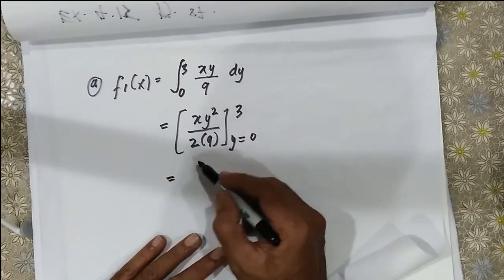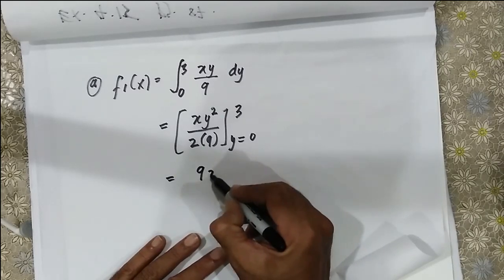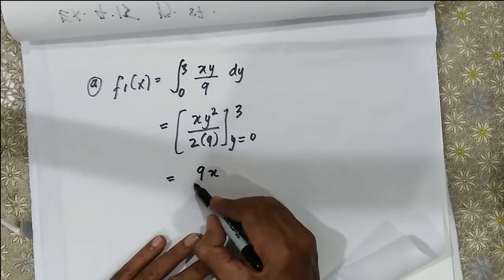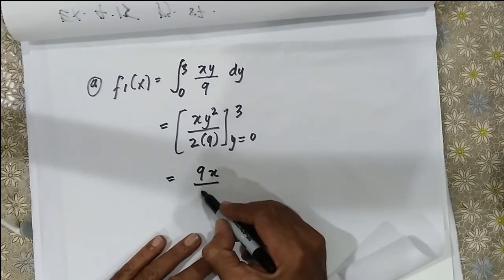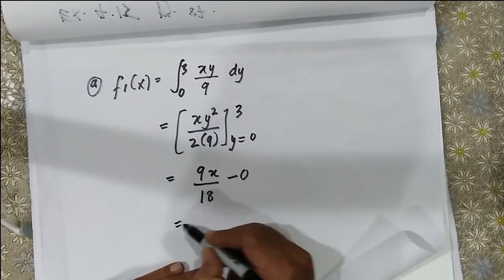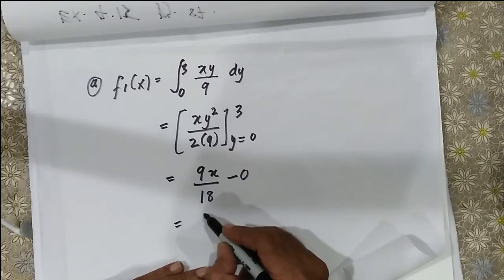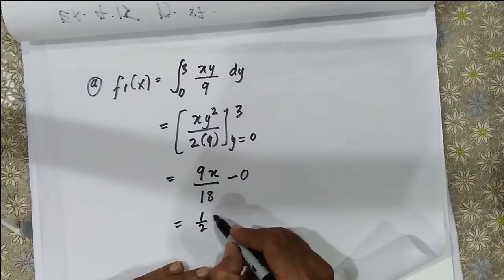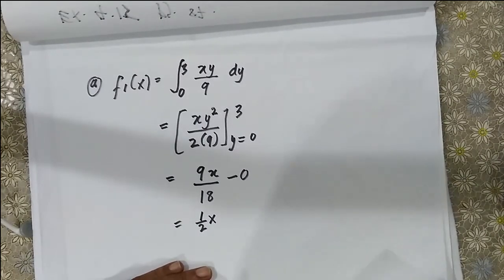So I have here 9x over 18 minus 0, which is equal to 1 over 2 x.